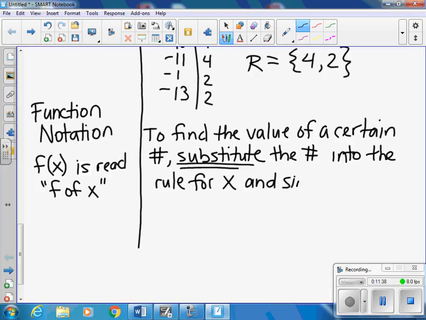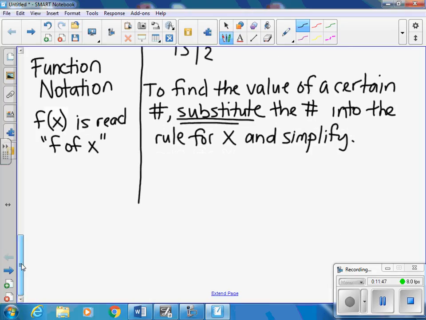And by simplify, I mean use the order of operations. We're going to do about 2 of them, and then I'll show you a third example that involves it, but in a different way. The directions are now going to say find each function value.